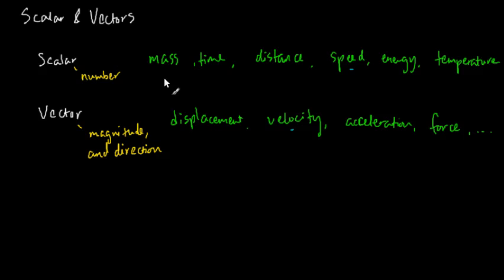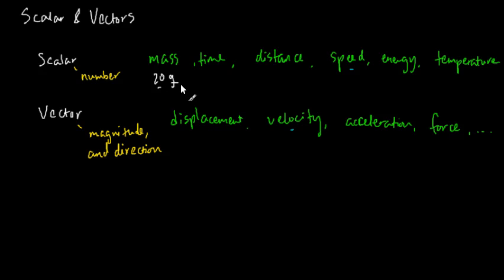Just think of a mass like 20 grams. Let's say I have a small piece of wood and it has a mass of 20 grams. If I think about mass, I think about it as a certain number of grams. Gram is my unit, and 20 is my number, and that's all there is to it.